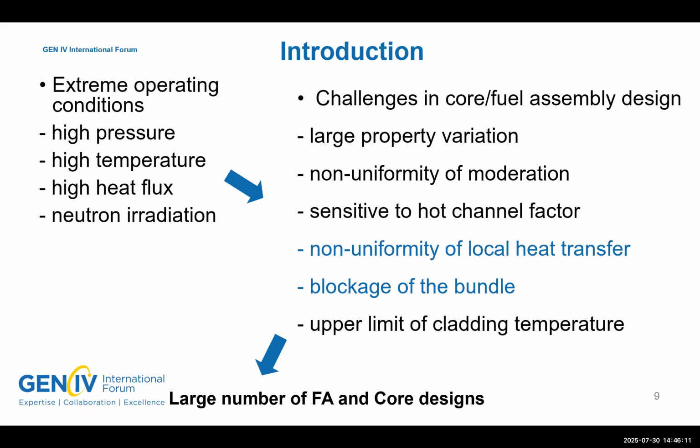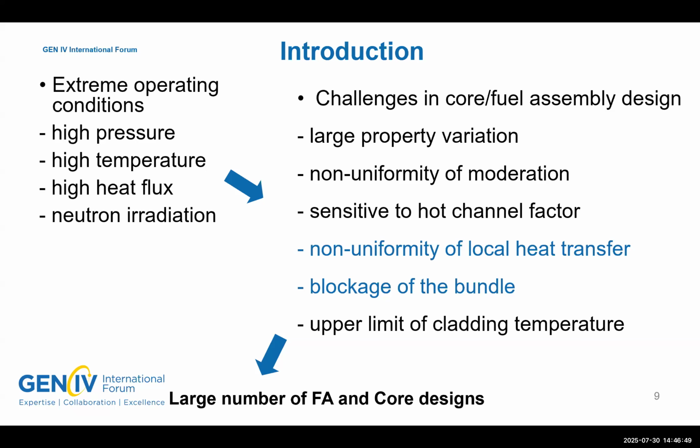And you will see that it has large property variations, especially near the critical point or pseudo-critical point. And also we have the non-uniformity of the moderation, and the sensitivity to the hot channel factors. Because we have the tight lattice, we have non-uniformity of the local heat transfer, and we have wire wraps as the spacer.